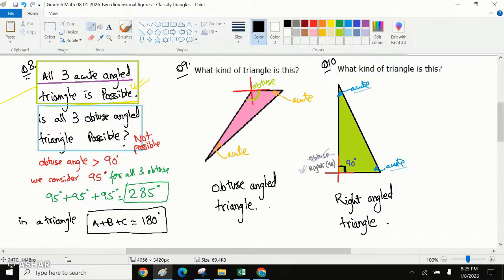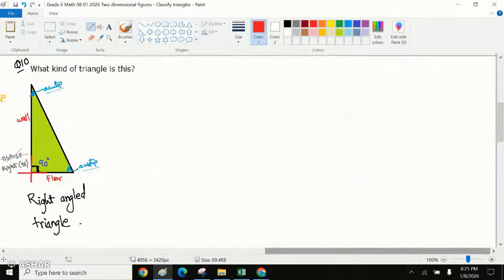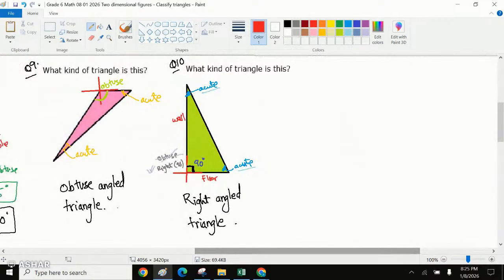Can anyone give me an example of a right angle around them? If I say this is the wall and this is the floor, the wall and the floor always make a right angle, right? This is one of the examples of a right angle.